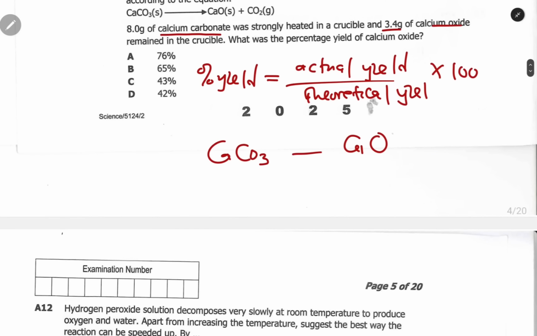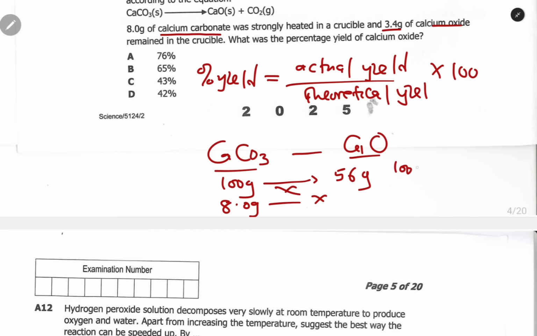Find the molar mass of this one and treat it as mass, and that is 100 gram. So 100 gram of calcium carbonate decomposes to produce 56 gram of calcium oxide, which is its molar mass. What about 8.0 gram of calcium carbonate? It will produce X.